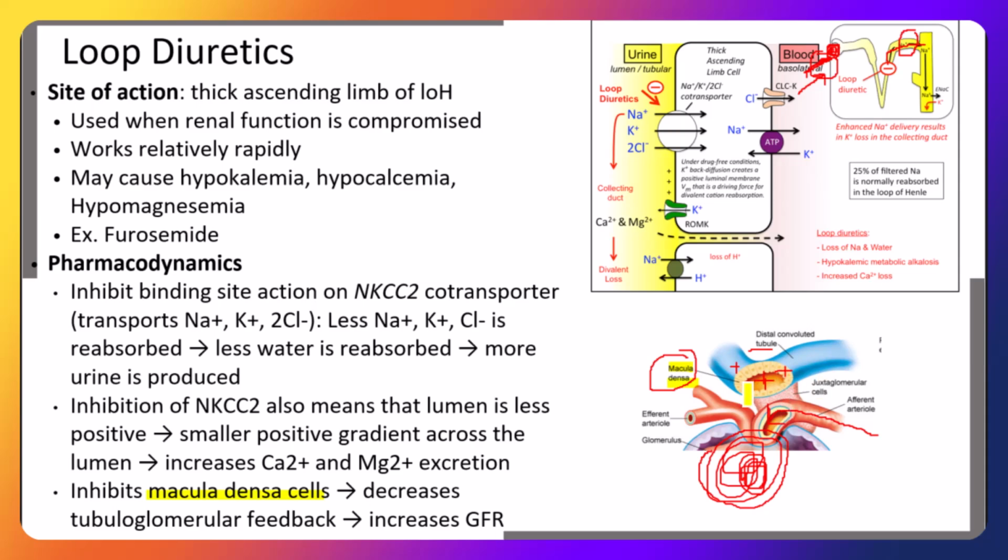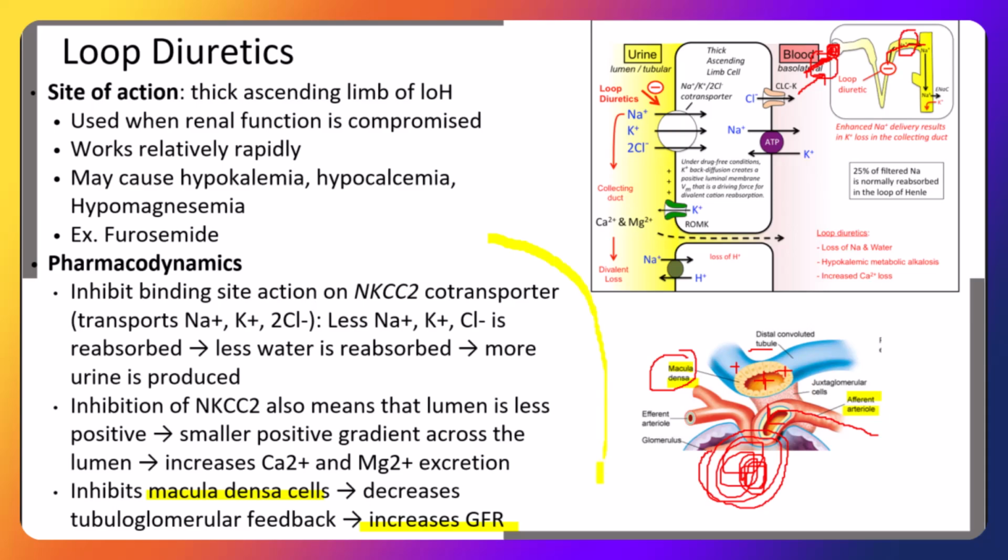And so because it's not feeding the correct information back to the afferent arteriole, the afferent arteriole actually widens. And when the afferent arteriole widens, we end up with an increase in the flow of fluid from the afferent arteriole into the glomerulus. So from here into here, getting rid of even more sodium and more water.